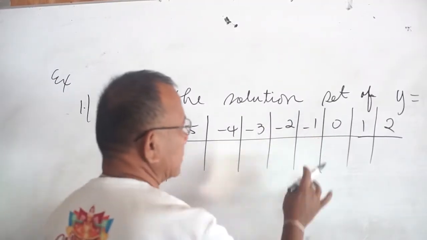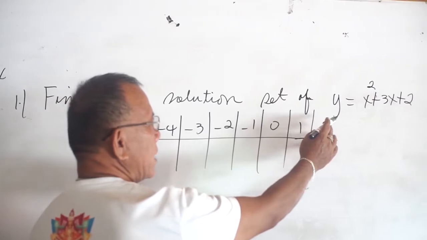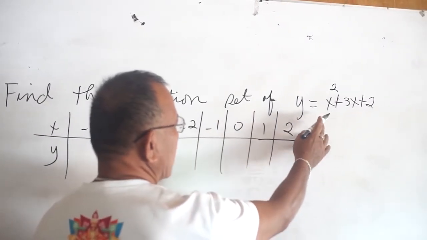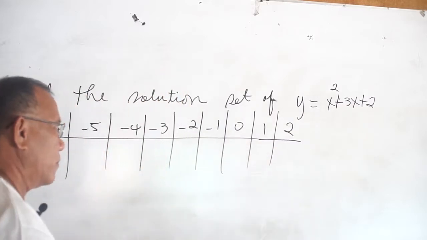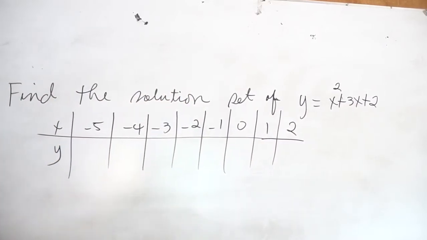So this time, you have to draw a graph of a quadratic inequality. For example, find the solution set of y is equal to x squared plus 3x plus 2. Then we have here the table.